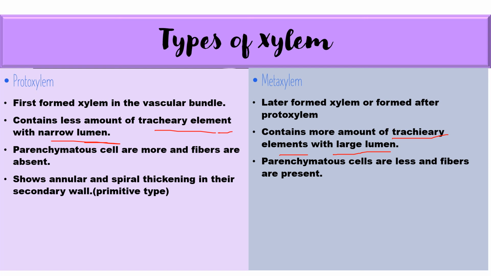Protoxylem shows annular and spiral thickening, which is considered a primitive type, whereas metaxylem shows reticulate and pitted thickening, which is considered an advanced form.